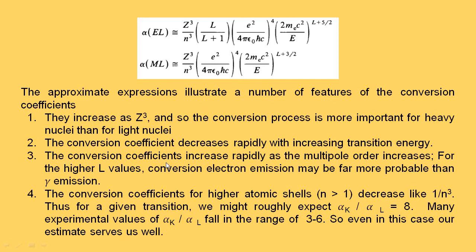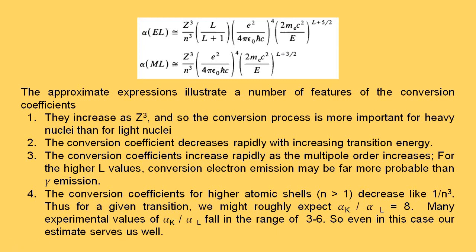The conversion coefficients increase rapidly as the multipole order increases. So, this L by L plus 1 is almost the ratio 1. But here you can see when L increases, this quantity increases.